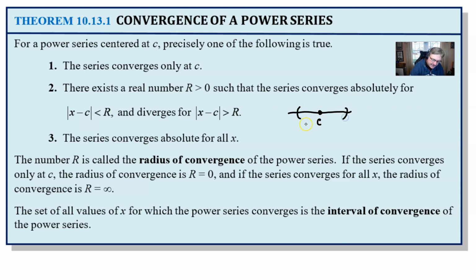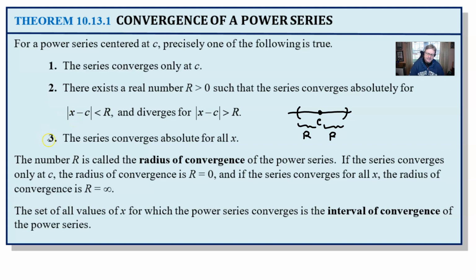You have convergence on this interval, but beyond you would have divergence. And this really does set up the way that we are going to find that particular convergence. So we'll get into that in some of our examples.